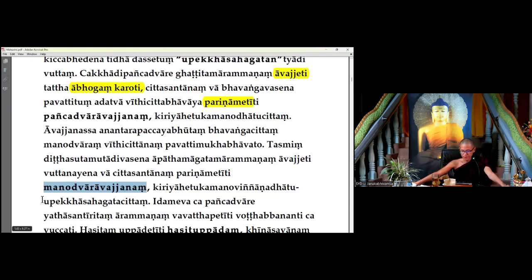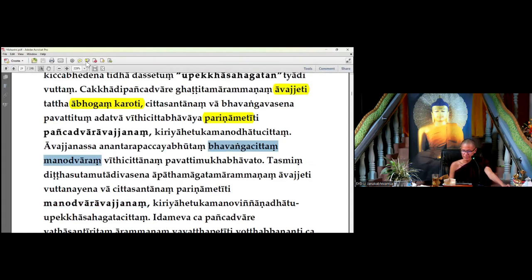So first of all, the commentator gives the definition of Manodvāra. After that, he joins it with the Āvajjana. The first sentence is Āvajjanassa anantara paccaya buddha bhavanga citta manodvāra. So the main definition is Bhavanga Citta Manodvāra.